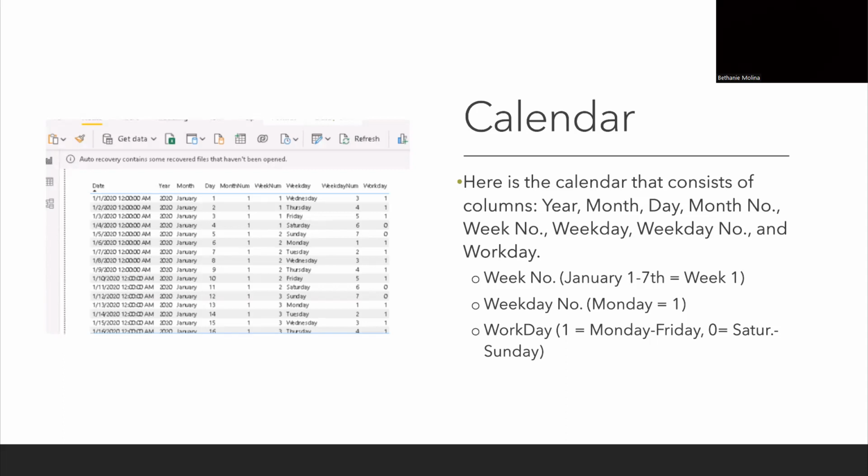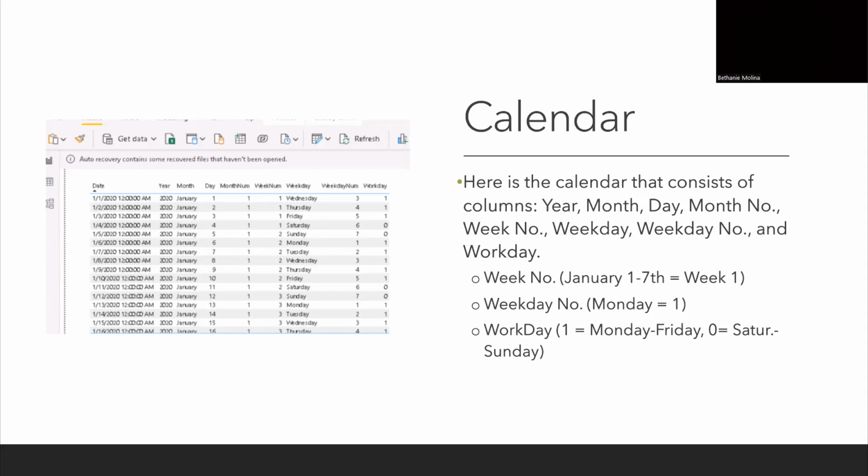Calculating the week number, it goes by 1, 2, 3, 4, or however many it goes. For example, from January 1st to the 7th, that's considered week 1. Calculating weekday number, it starts on Monday and ends on Sunday. So Monday would be 1, Tuesday would be 2, and then it goes down to Sunday being the 7th.